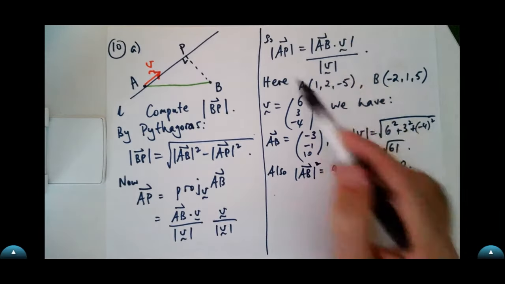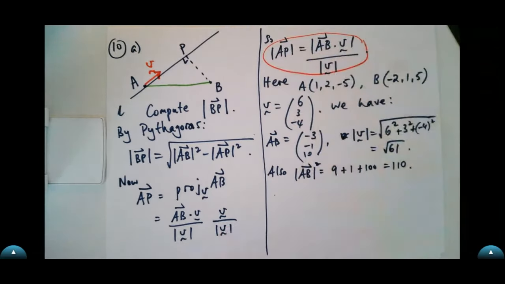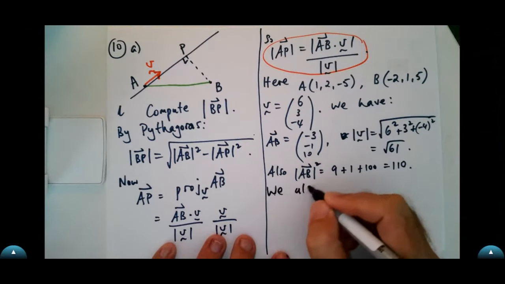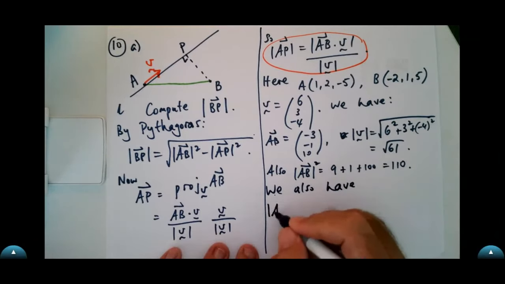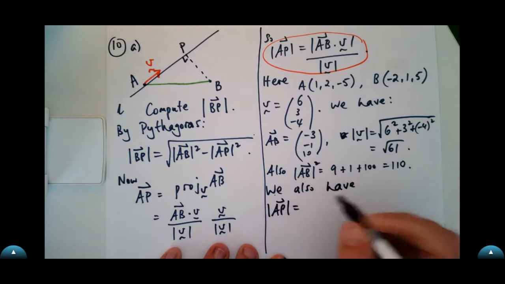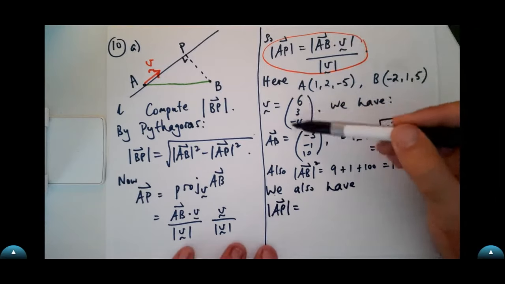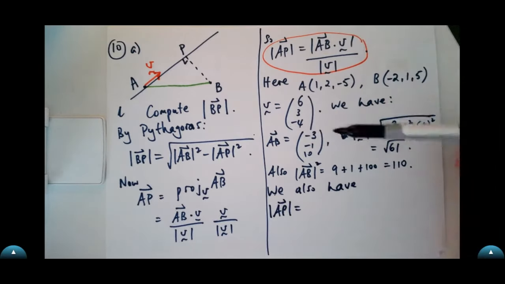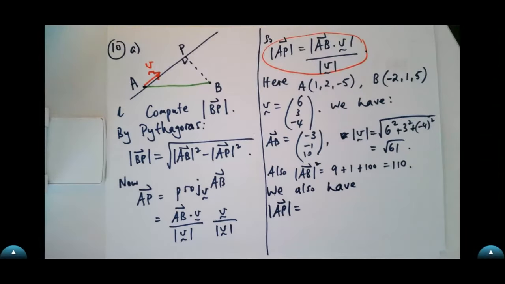And lastly, let's compute this. The dot product of AB with V. So we want the dot product of this vector with this vector. How do you do that? Well, you multiply the components and you add them together.